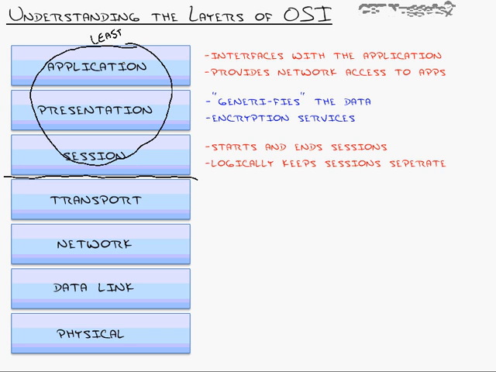Meaning that those top 3 layers, check, check, check, is all handled by Windows or Linux or whatever operating system you're running. And really, when you're working in the Cisco world, you don't usually care about that. I mean, the Internet Explorer sends some information. It's been generified, so a web server will understand it. But the Cisco router and switch doesn't care because it doesn't look at it.